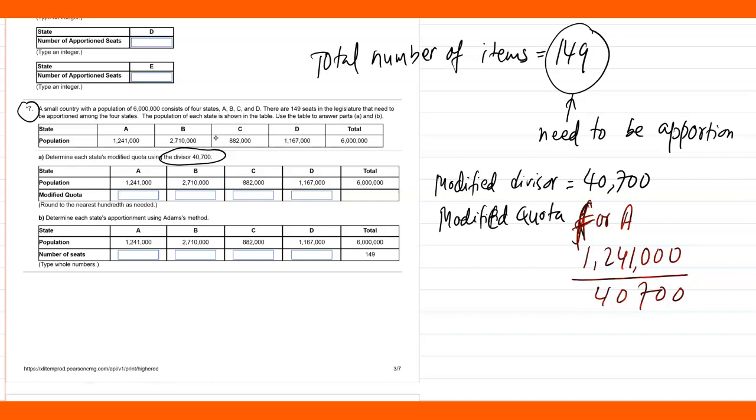You guys check with me, okay? I'm going to divide by myself. You guys check with me. 1,241,000 divided by 40,700. You're going to get 30.49. Is that correct? 30.49.